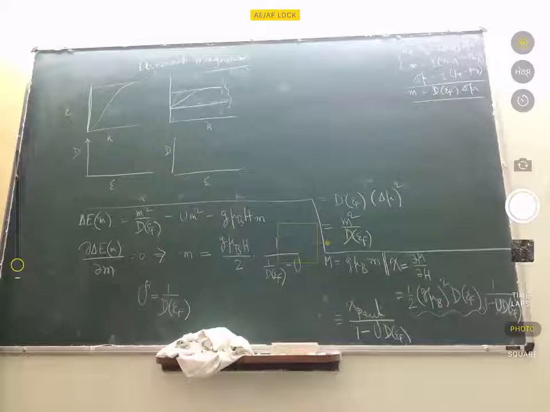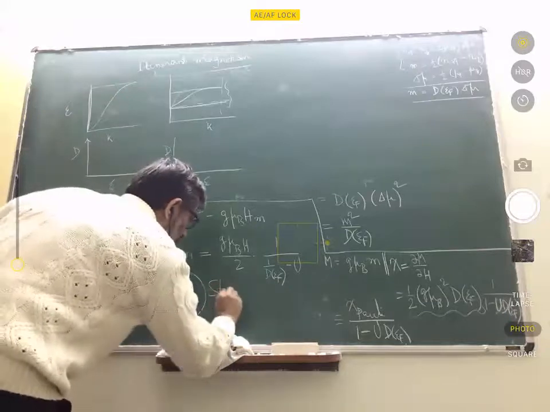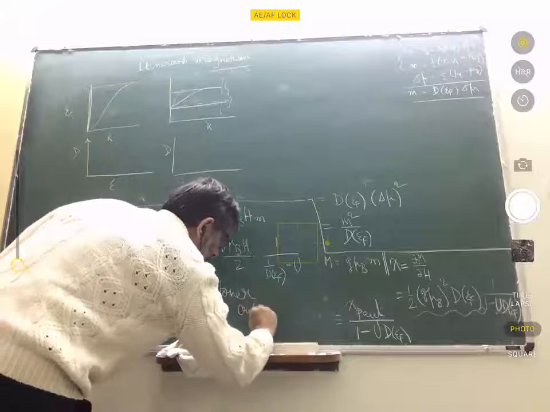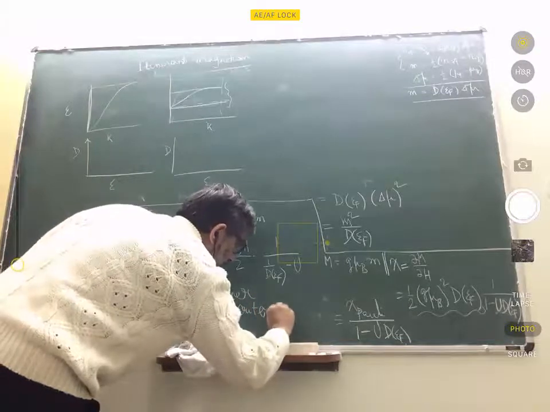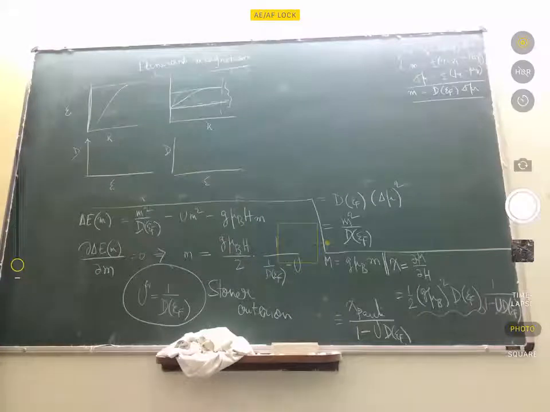So this condition is called the Stoner condition. So this criterion is called the Stoner criterion, and the band ferromagnets are actually sort of understood within this picture.